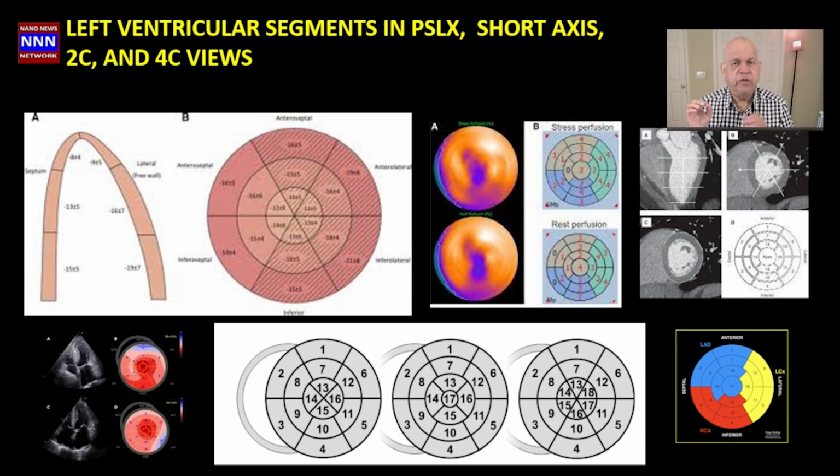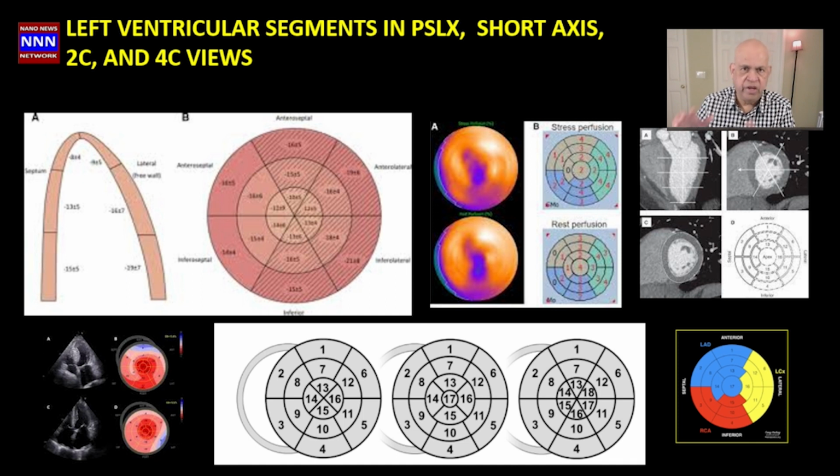No matter which modality we use, be it echocardiography, global longitudinal strain, nuclear imaging, CT, MRI, or any other modality, we have the heart divided into a standardized 17 segments as it is shown.